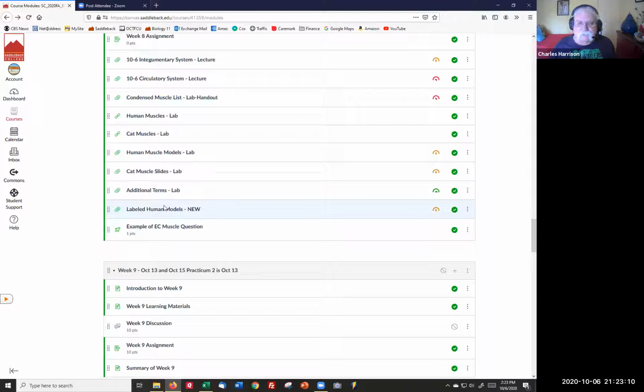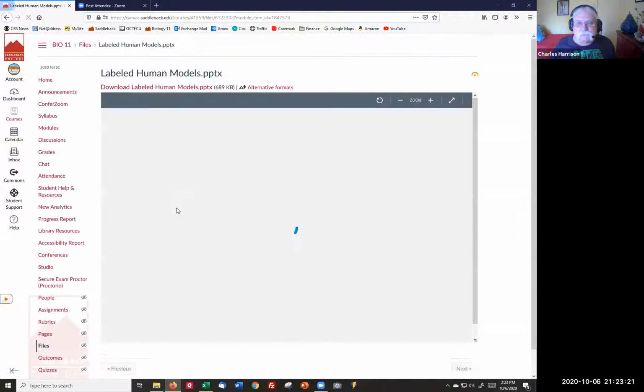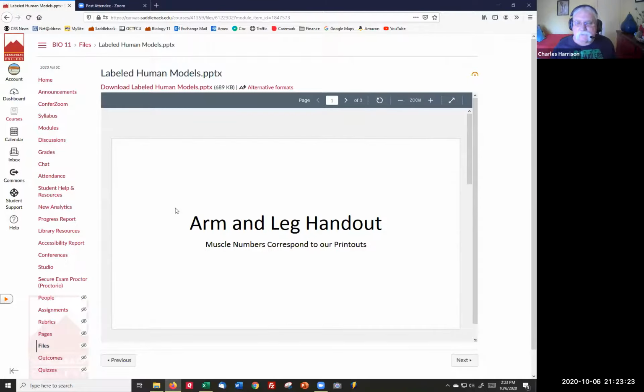So it's hard to get the orientation. Somebody brought up that fact, and I absolutely agree. So I put this together to take care of that. The arm and the leg is where we had our greatest problem.